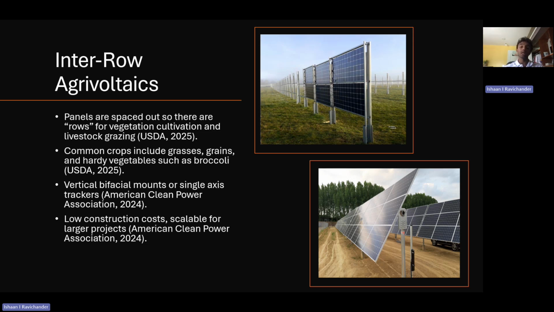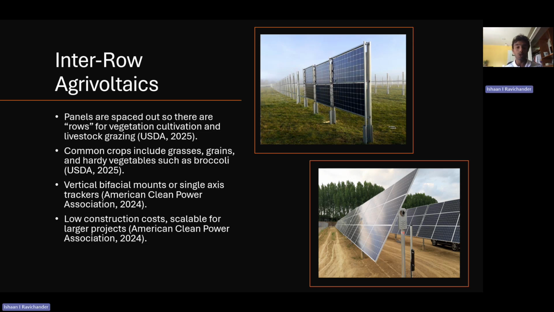The first type are single axis trackers, as can be seen in this bottom right image. These panels are placed on an axis, that is this pole here in the middle of the image, and the panels move or track the sun's movements, moving sideways throughout the day to follow the sun and maximize sunlight exposure.